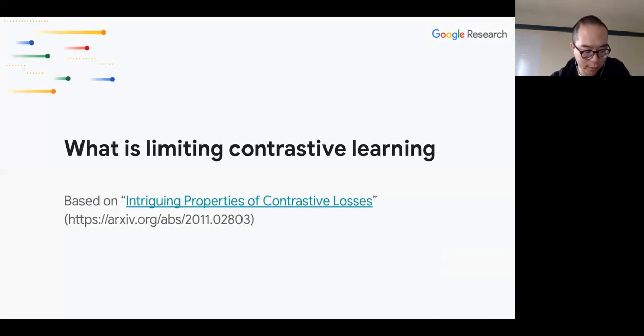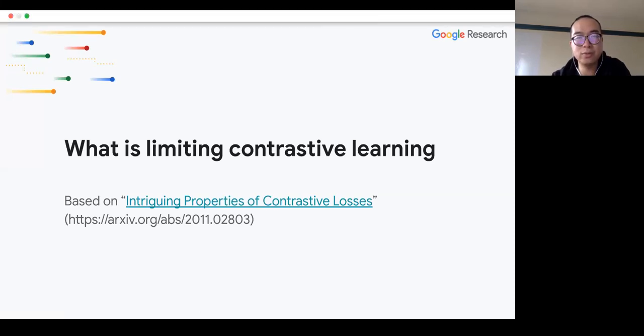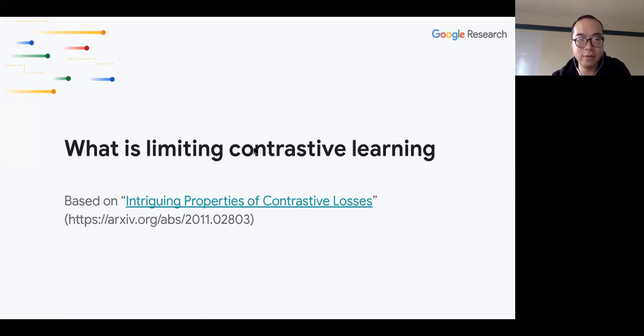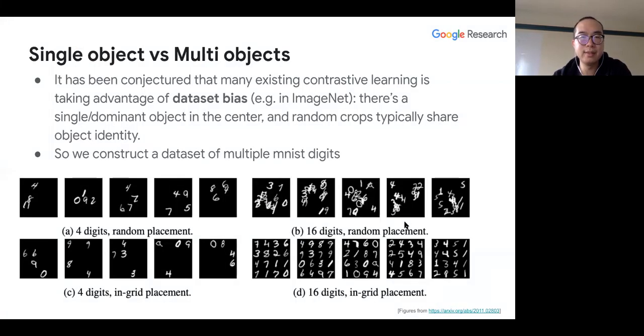Okay, due to the interest of time, maybe I should move on to the final part, which is the intriguing properties of contrastive learning. One thing that a lot of people have discussed is that the ImageNet data set is mostly object-centered, with a single object in the middle, and that introduces a data set bias.